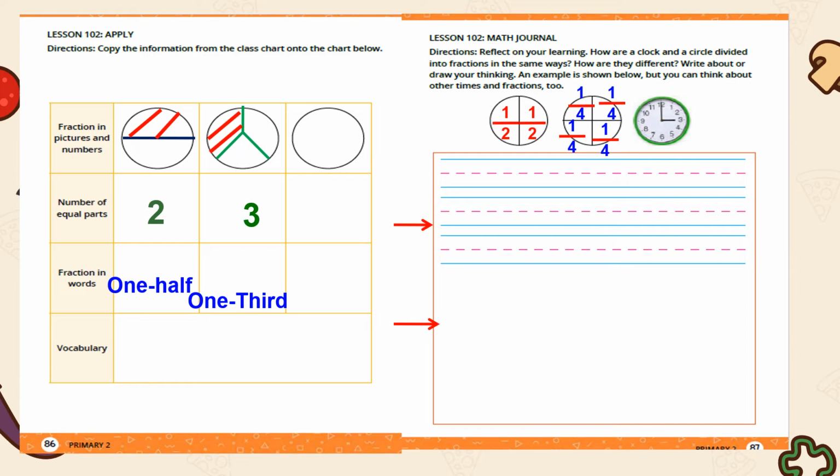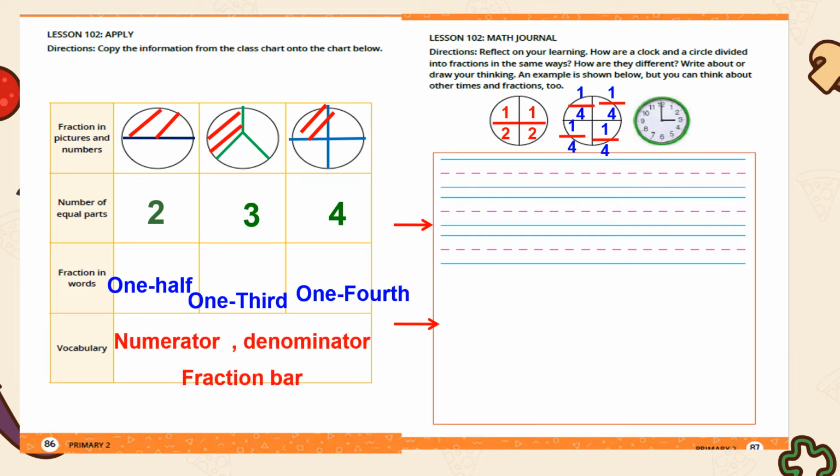The last circle, if we divide it into 4 equal parts, the number of equal parts is 4, and the fraction would be 1 colored part over 4 total parts. So the numerator is 1 and the denominator is 4. So the name of the fraction is 1/4. The vocabulary here: numerator, denominator, and the fraction part.